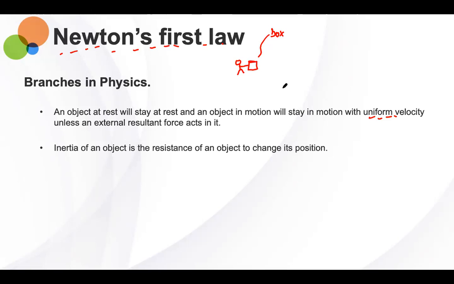So somebody does apply an external force and it causes our box to move. Let's just say the person applied the force F in this direction. Where would the box move? In the same direction. So the box will also move in this direction.